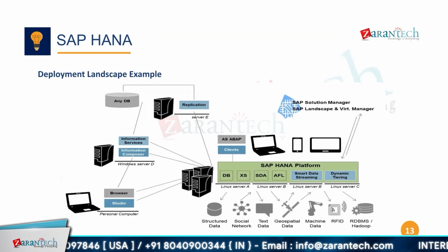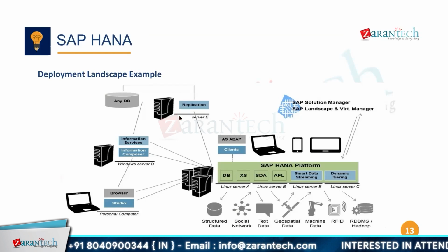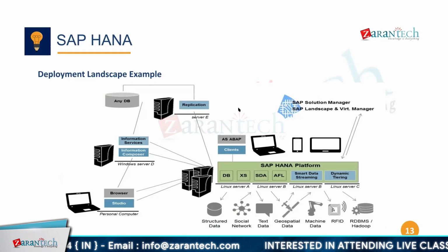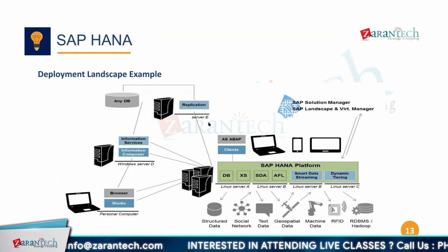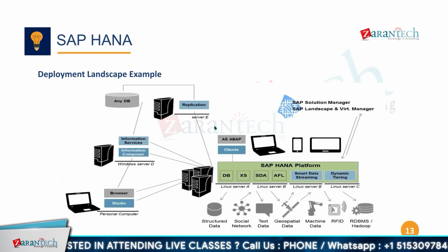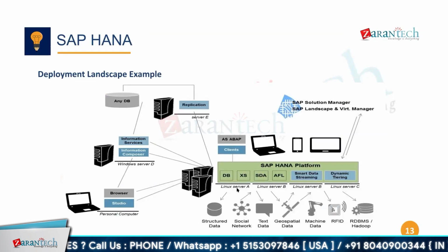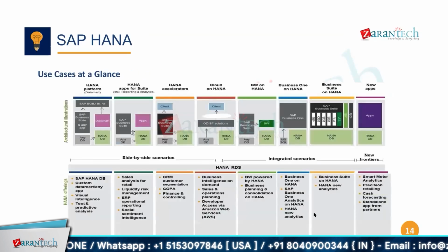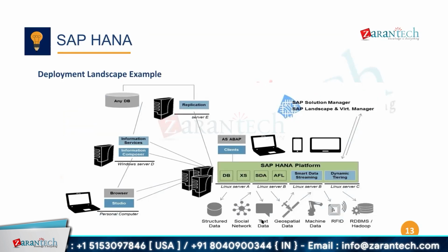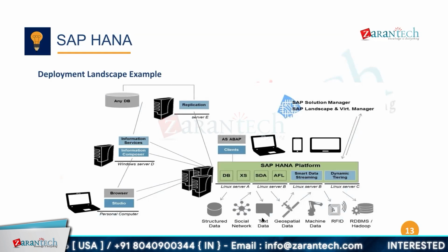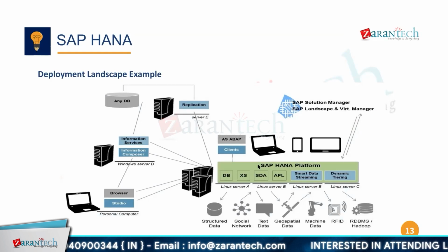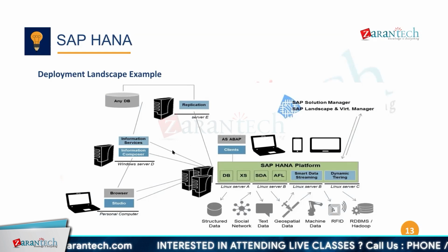Wherever you see, you can integrate with many applications, irrespective of the devices, tablets, everything. It's just a deployment landscape example where you can connect to the web client or your laptops. So HANA as a platform: the DB is mandatory, and these are all the tools it can connect to or integrate with.